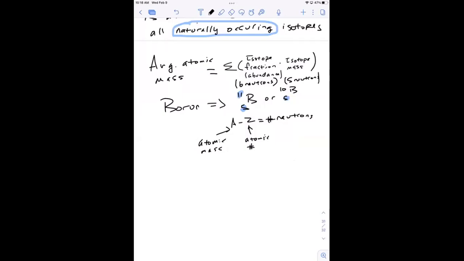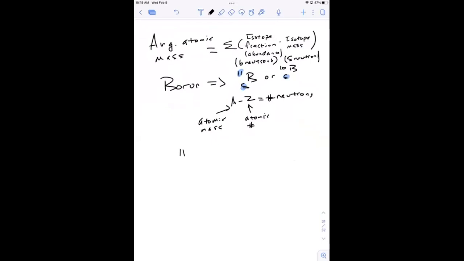So now we're talking about how to calculate the average mass. So if B11 has an abundance of 19.9%, I'm sorry, 80.1%, my bad. B11 has an 80.1% abundance.